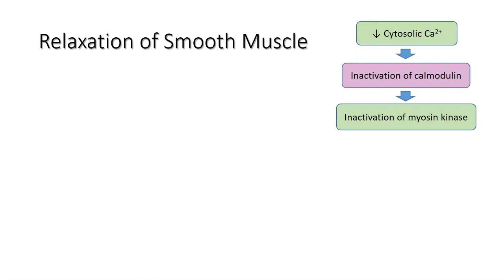To relax a contracted muscle, myosin must be dephosphorylated. This dephosphorylation is mediated by the enzyme myosin light chain phosphatase, which is continuously active in smooth muscle during periods of rest and contraction.